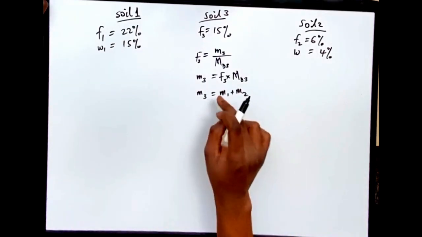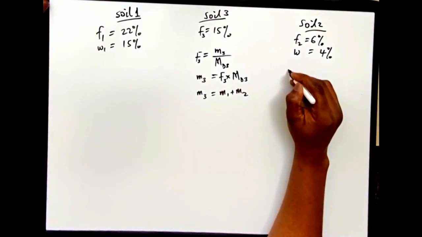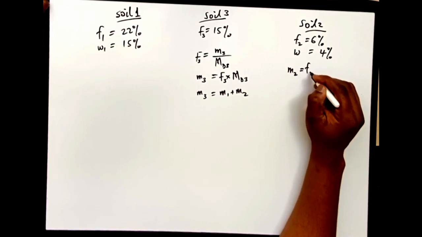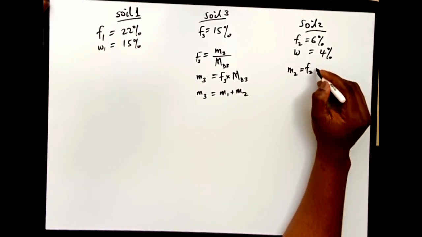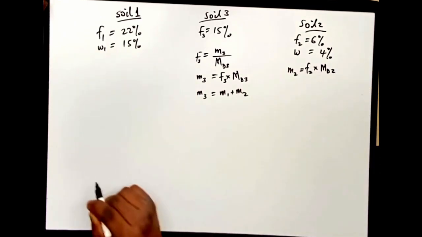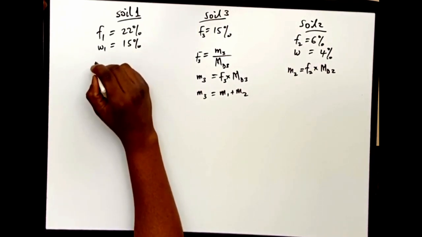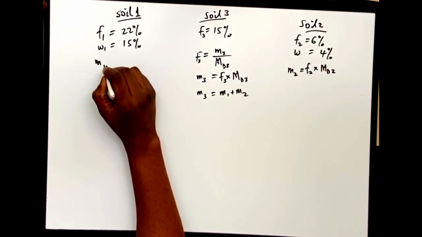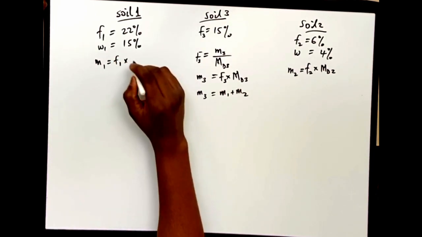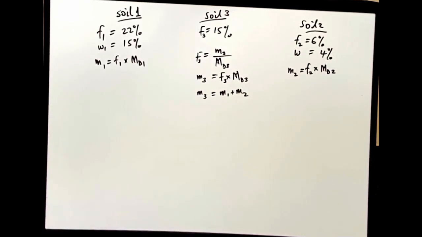Okay. And based on this relation, we can write the same relation here for soil 2, with M2 being F2 in this case, times total dry weight of soil 2. And we can write a similar one for soil 1, M1 being F1 times the total dry weight of soil 1.